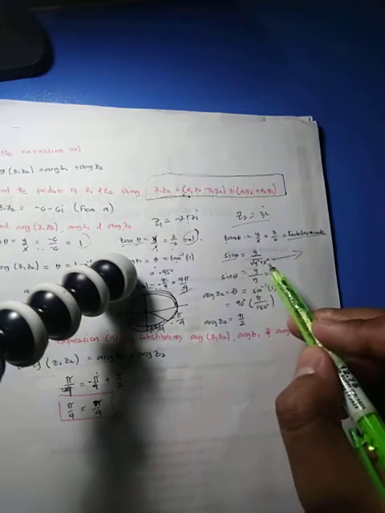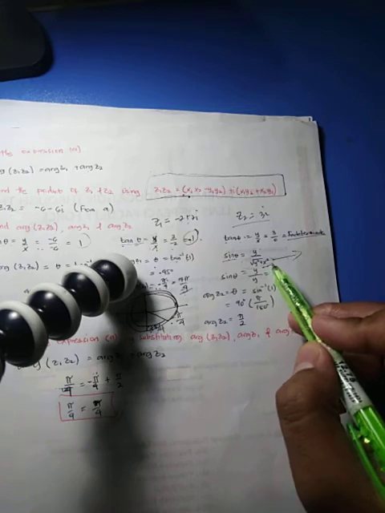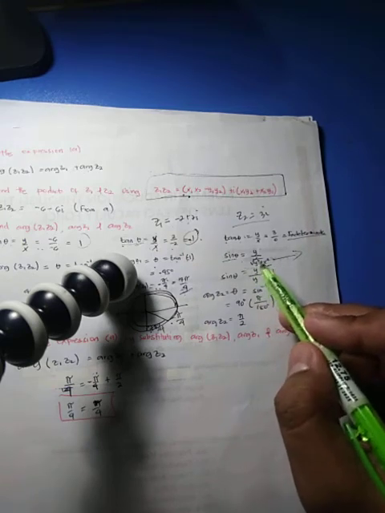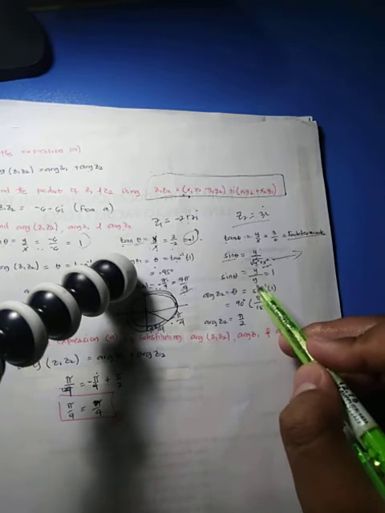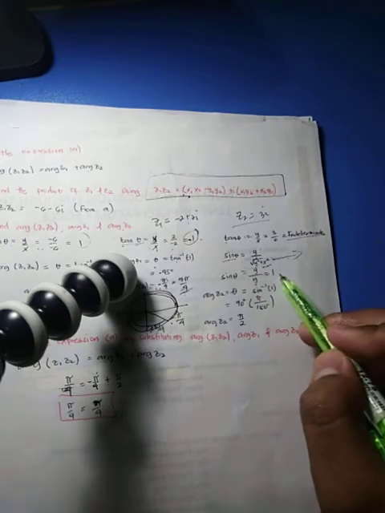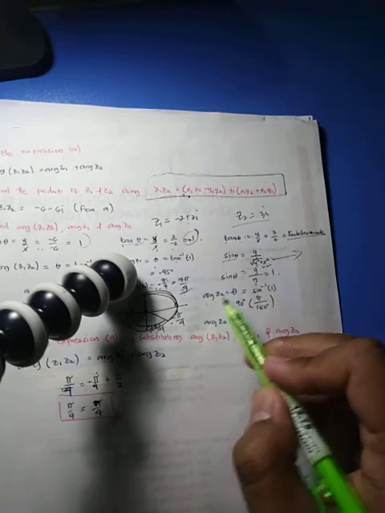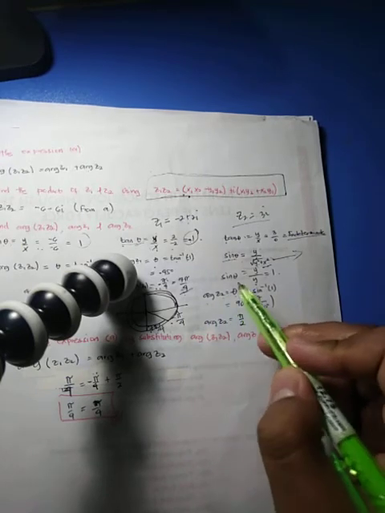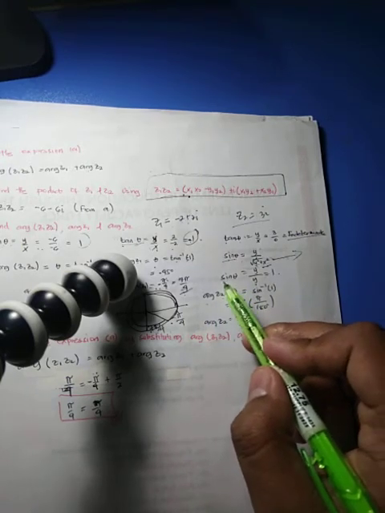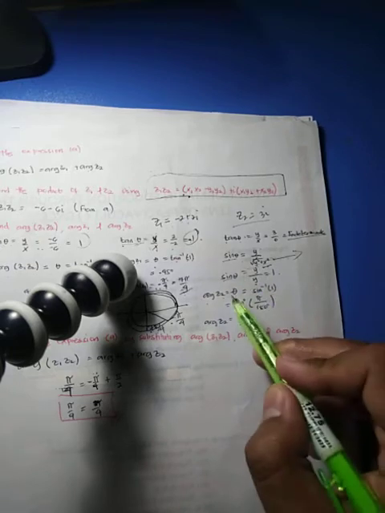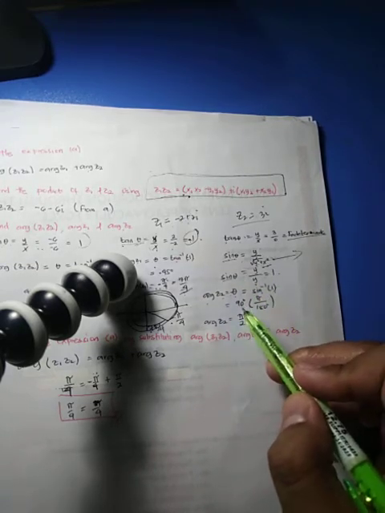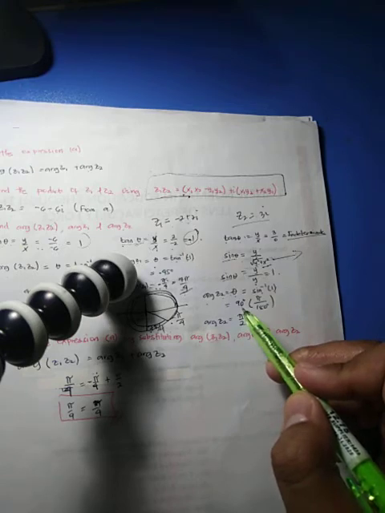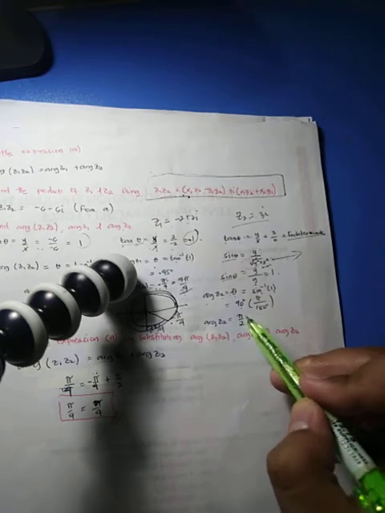Then, since our x is 0, there is no value for x, so the square root and the square cancel out. The remaining is y over y, which is just equal to 1. Therefore, the argument of Z2 is equal to theta, where theta can be found by taking the inverse of the sine. So theta is equal to sine inverse of 1. We know that sine inverse of 1 is 90 degrees. Converting that into radians, we have pi over 2.